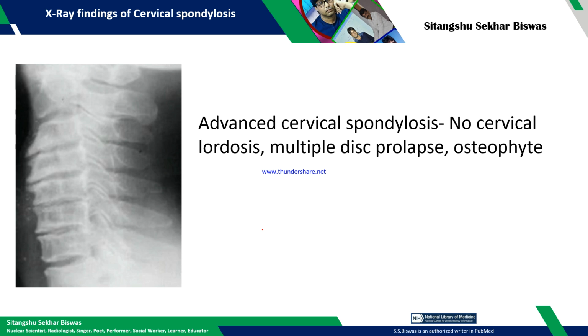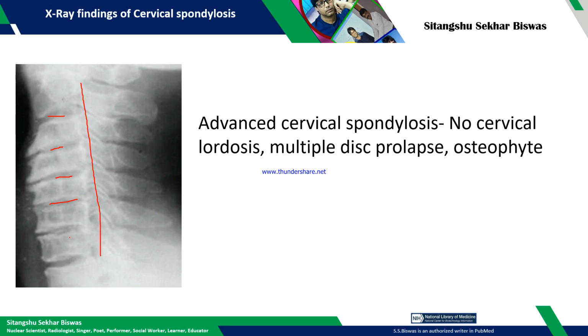Okay. Now coming to the third example. So now you can see the shape is entirely something else. There is a huge deviation of the cervical spine curve. There is a huge change. It has also become a straight line, and all the disc gaps have become very narrow.